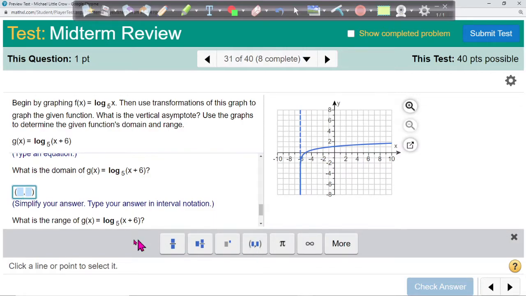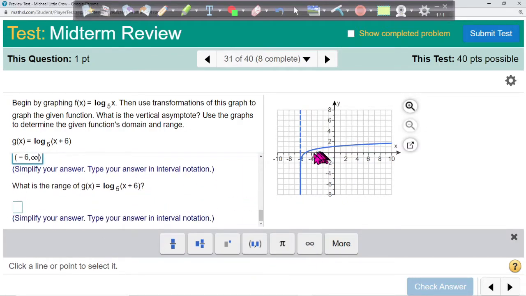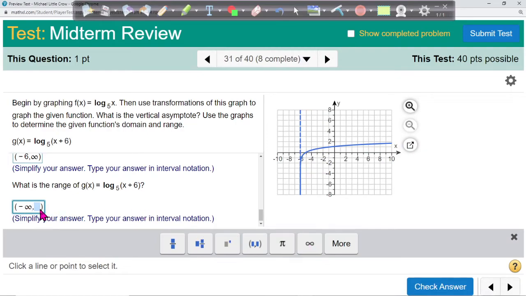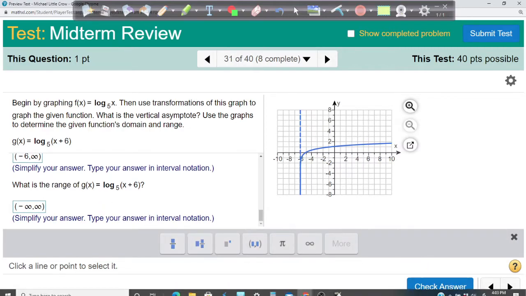So we get from -6 all the way, come over a little bit more, to infinity. There we go. That's good. What is the range? Well, the range shoots all the way down to negative infinity, all the way to positive infinity. So negative infinity to positive infinity. Do 2 little right arrows, and there we are. And that should do it.